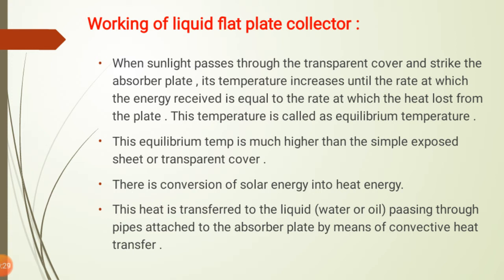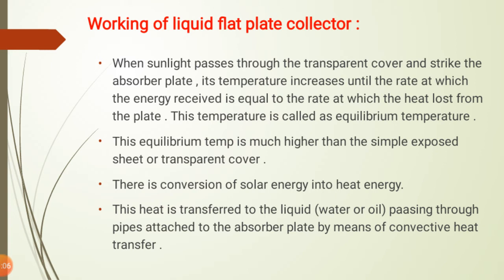There is a conversion of solar energy into heat energy. After absorption of the solar radiation by the absorber plate, the solar energy is converted into heat energy, and this heat is transferred to the liquid, that is the oil, passing through the pipes attached to the absorber plate by means of convective heat transfer.